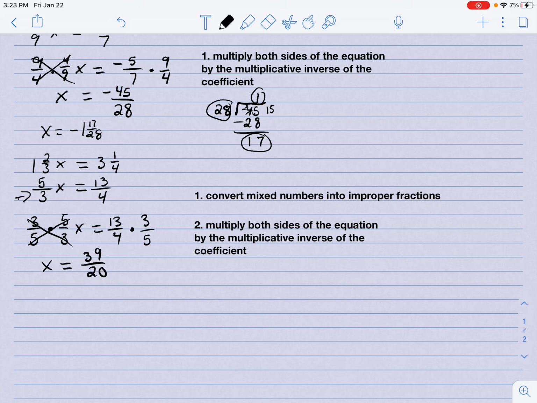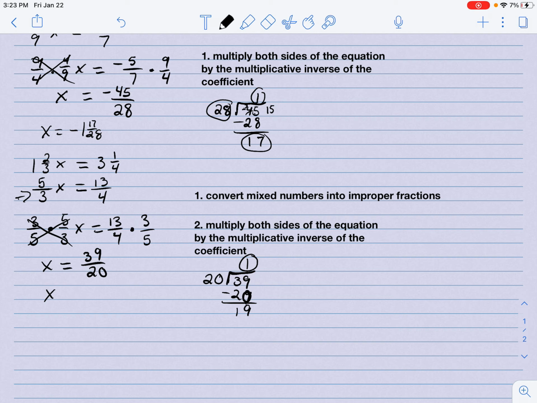Okay, once again, it's an improper fraction, so now for our answer we want to return it to a mixed number. So denominator goes outside of the bracket, numerator goes in the bracket. 20 can go into 39 once, leaving us with a remainder of 19.